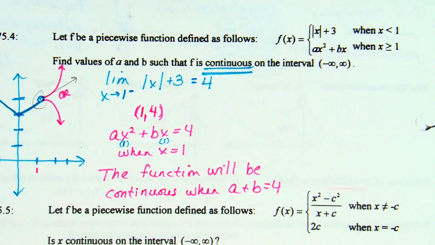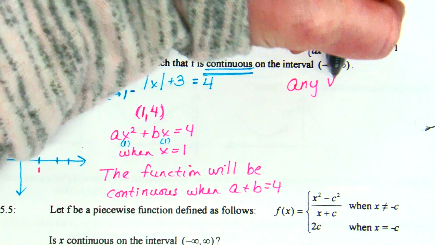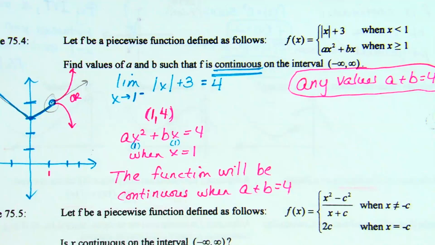So my answer, when it says find the values of A and B that make F continuous, my official answer is any values where A plus B equals 4. Okay. You could leave your answer like that.